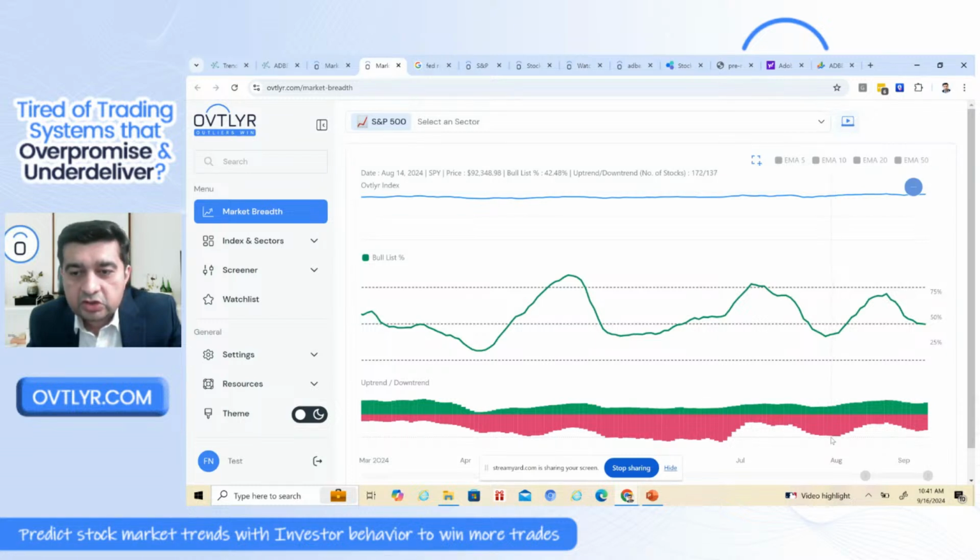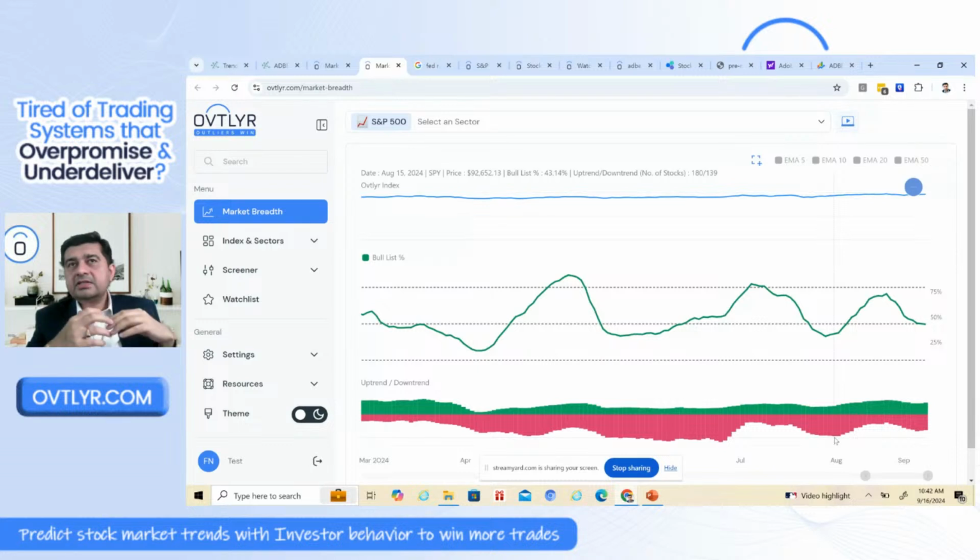I see the number of stocks in uptrend has started going up, and it is flattening for the number of stocks which are in downtrend. And around August 15, you will see that the number of stocks, this is very, very important, the number of stocks going in uptrend has started to go up, and the number of stocks within S&P 500 in downtrend has started to go down.